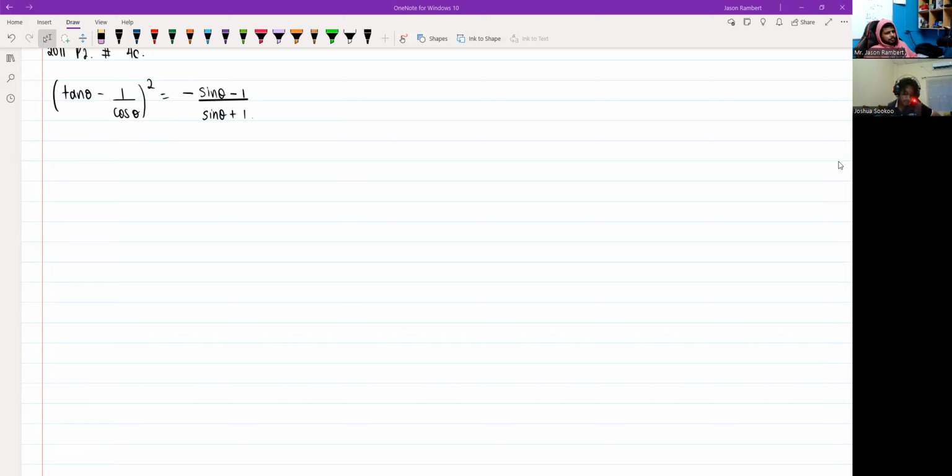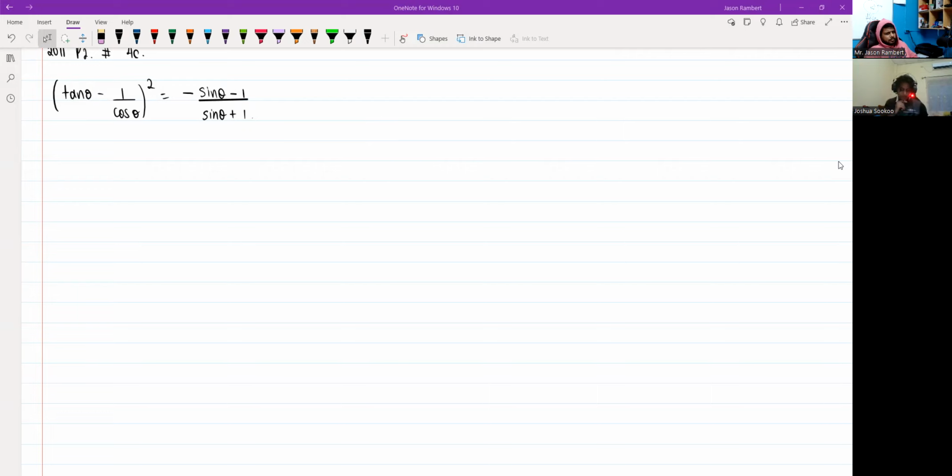Now I use indices for this: sine squared theta minus 1 over cosine squared theta. I noticed everything had to be in terms of sine on the right hand side, so I want to get everything in sine. A little trick from quadratics is the difference of two squares, so I try that.